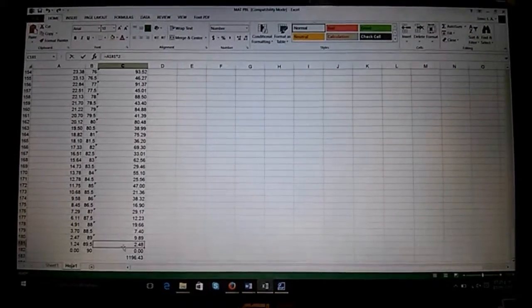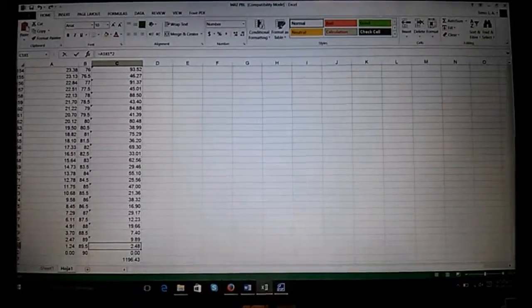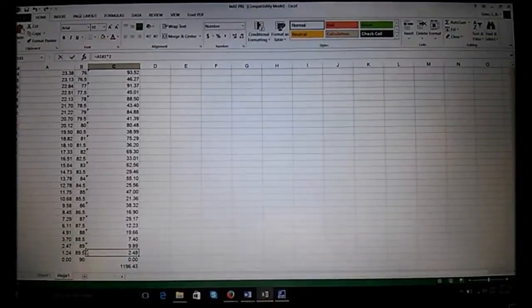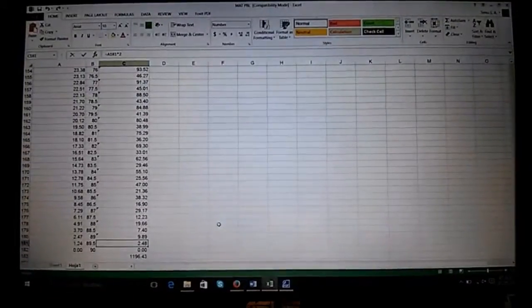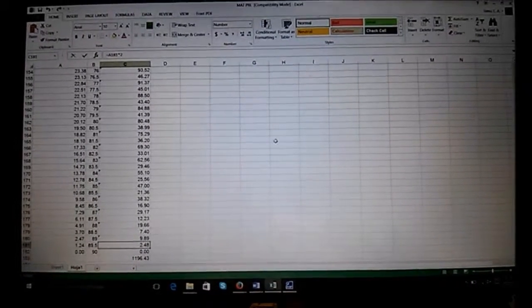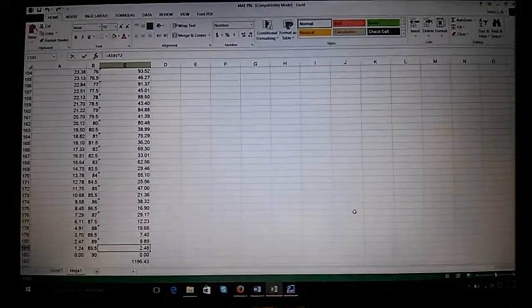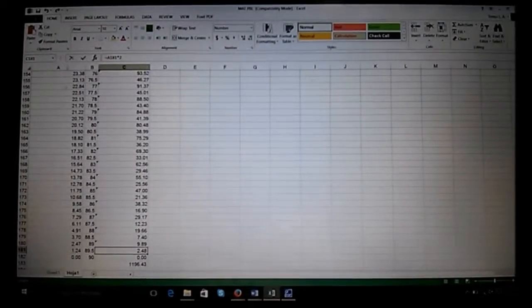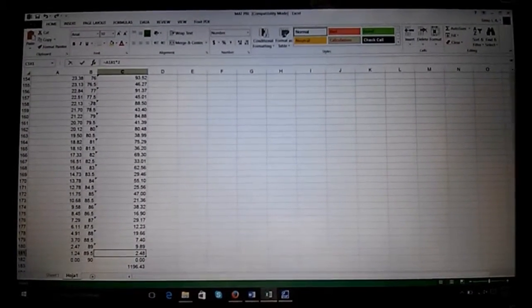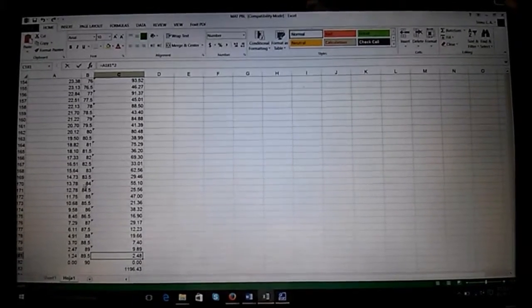Here is the value, 181. The letter B is for the column of time, and the letter A is for the column of velocity. This is the column of velocity, and column B is the column for time.